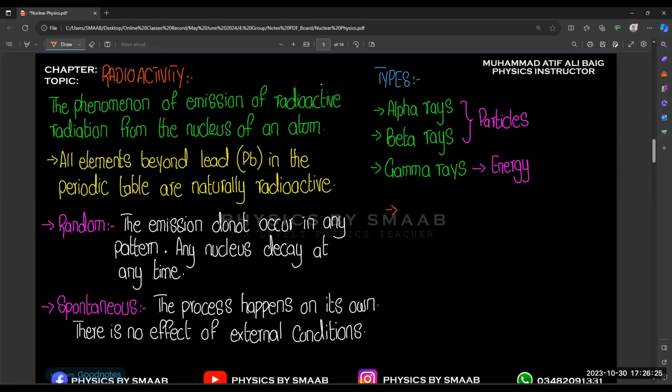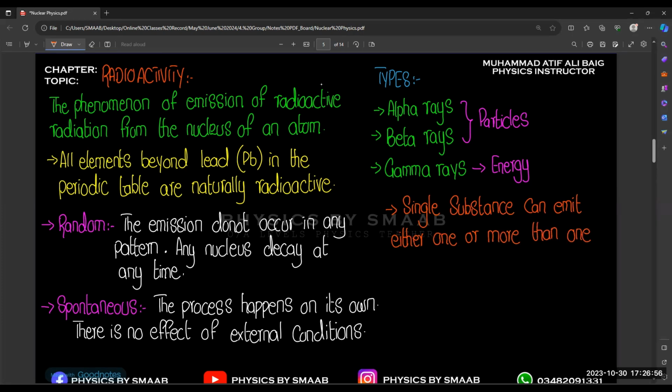We can say that a single substance can emit either one or more than one radiations simultaneously. Okay, any confusion?